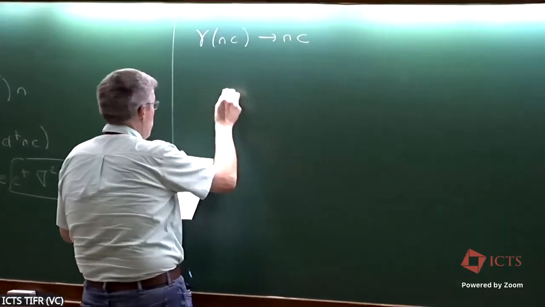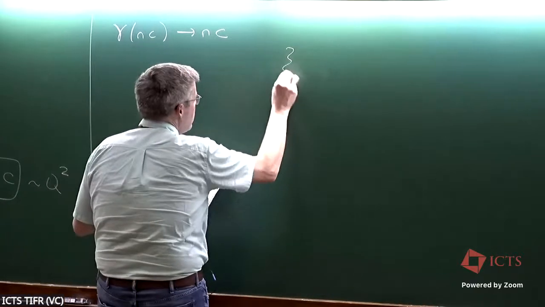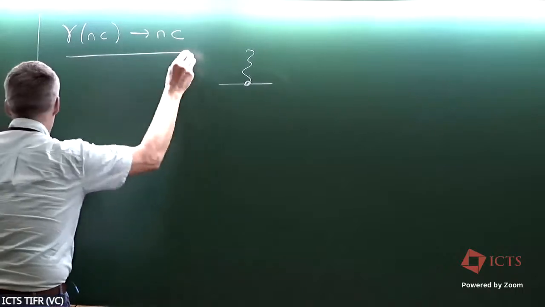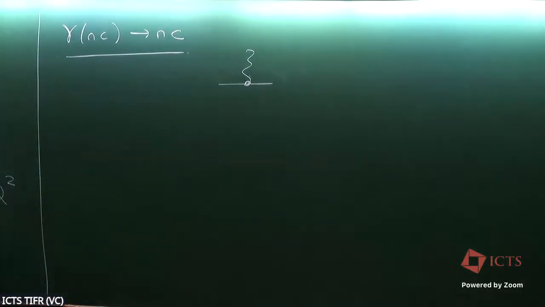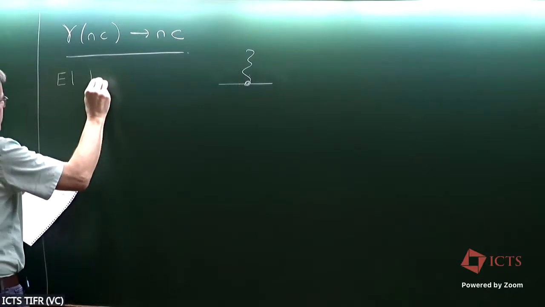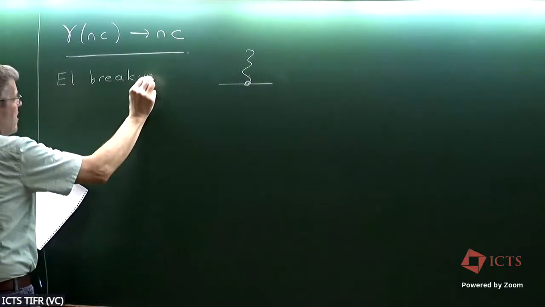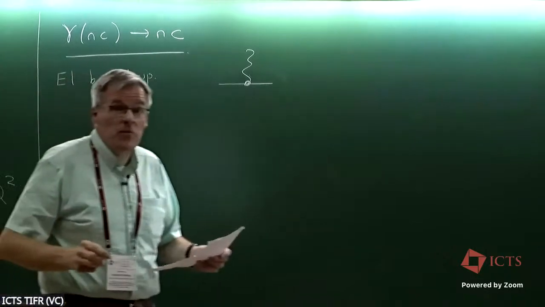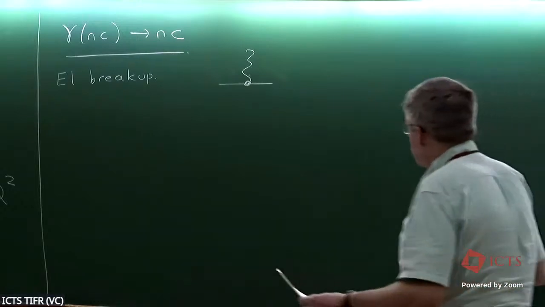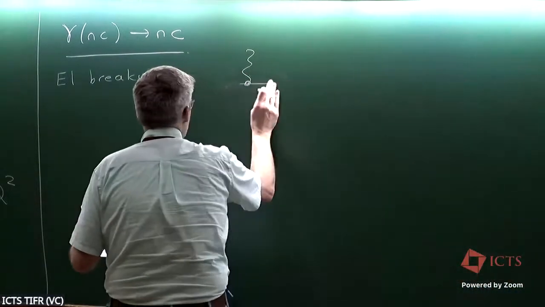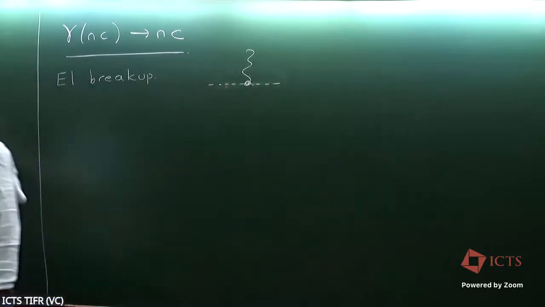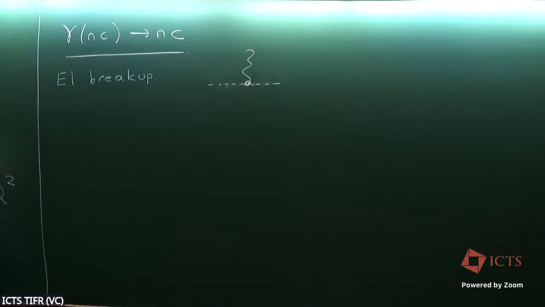So what we're going to think about here is not the magnetic piece that Professor Kaplan was talking about, but the so-called E1 breakup due to electric coupling. So the electric coupling comes from the minimal substitution to the charged core. So I'm going to represent cores by dashed lines and neutrons by solid lines.